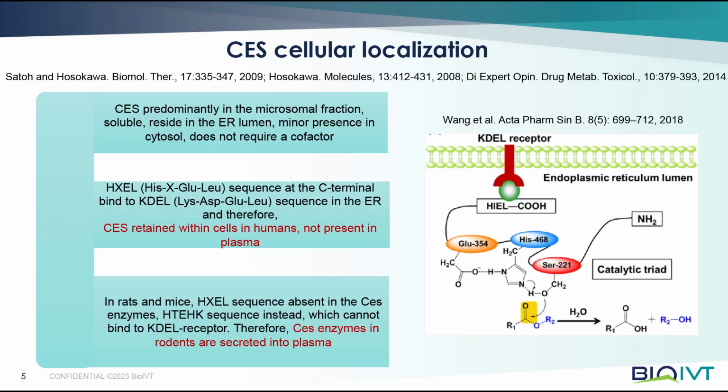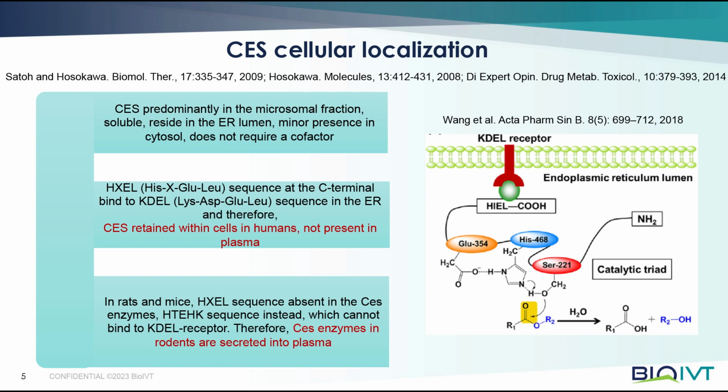So cellular localization, this is important, again, for species differences, but if you look at this KDEL receptor that is present in most species, it has a number of different functions, but one of the things that it does is, depending on the C-terminal of the enzyme, for soluble enzymes, it will actually sequester those in the endoplasmic reticulum. And so in humans, you have this HXEL sequence, and that retains carboxylesterase 1 and 2 in the endoplasmic reticulum.